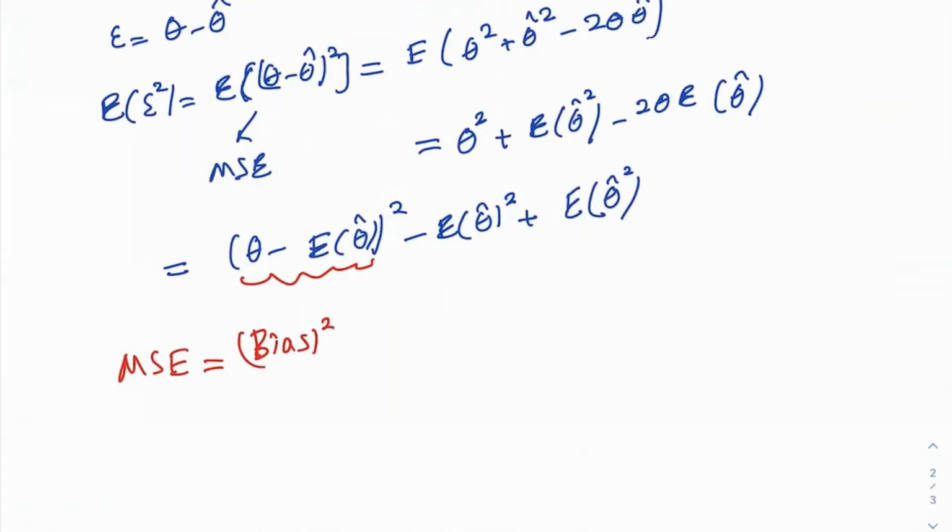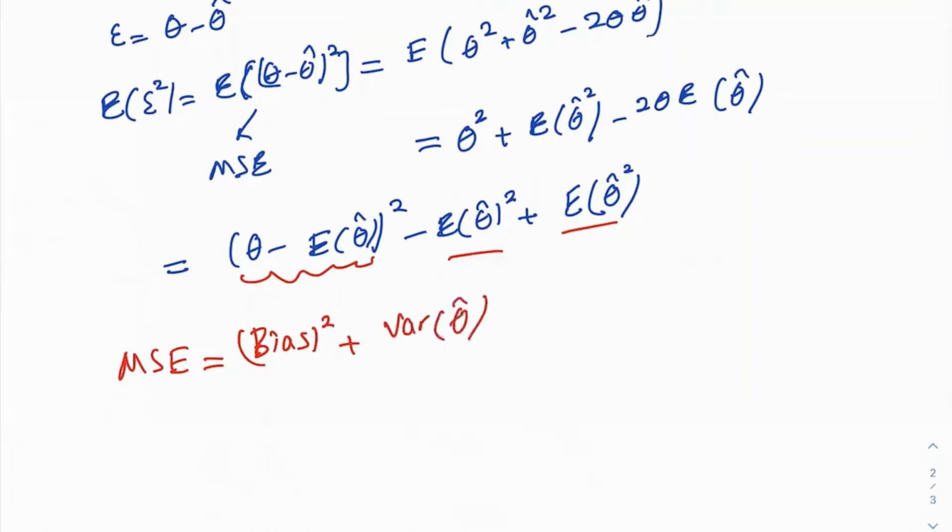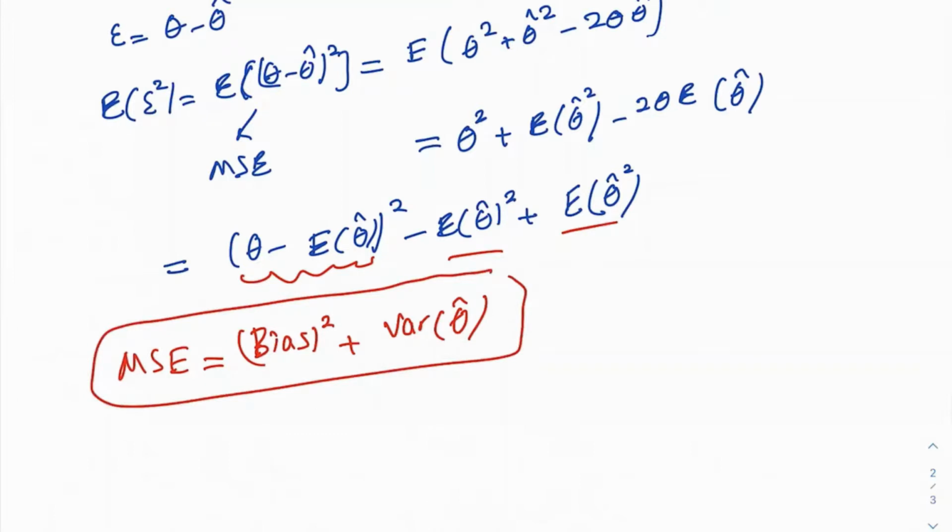So this is equal to bias square plus, this is nothing but just the variance: expected value of theta hat square minus expected value of theta hat, squared, which is the variance of theta hat. Look at this. It says that MSE, mean square error, is equivalent to bias square plus variance of theta hat.